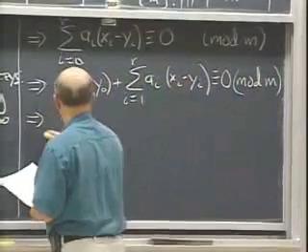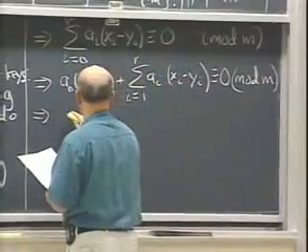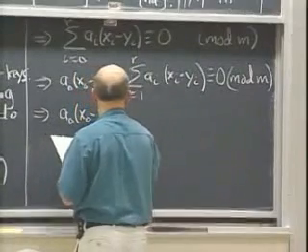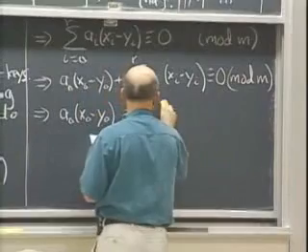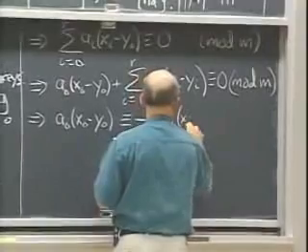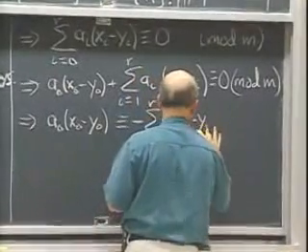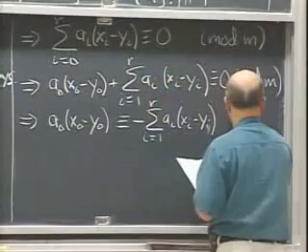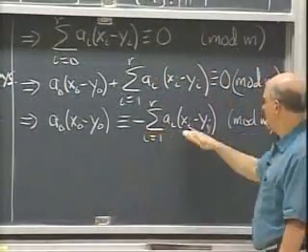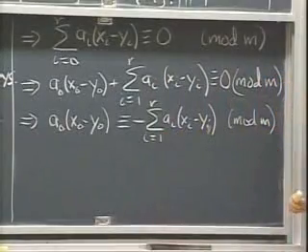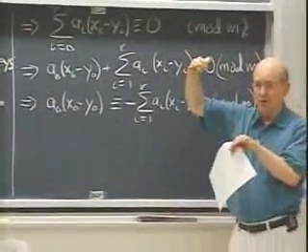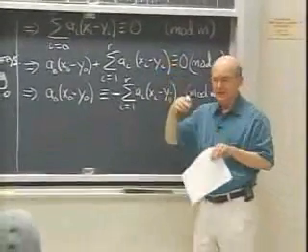Okay. That implies that a_0 times (x_0 minus y_0) is congruent to minus the rest of the sum, mod m. Now remember that when I have a negative number mod m, I just map it into that range from 0 to m minus 1.